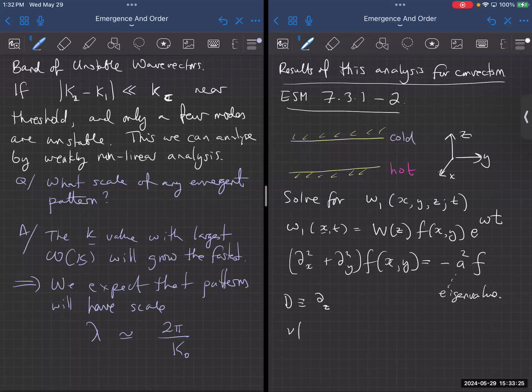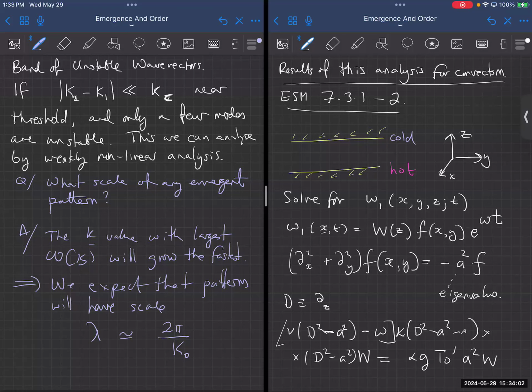So you get nu times D squared minus a squared minus omega, times kappa times D squared minus a squared minus omega, acting on D squared minus a squared W, is equal to alpha g times T0 prime by dz times a squared W. So this is a horrible mess.